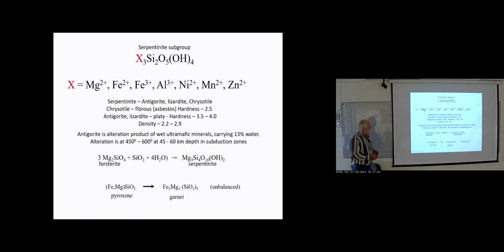It's a very versatile mineral group, and it contains several major groups: the antigorite, and the lizardite and the chrysotile, with the extension here. But the point I want to show is that here, the forsterite, the olivine, in the presence of available silica and water, will produce serpentine. Whereas without water, the pyroxene will produce garnet.